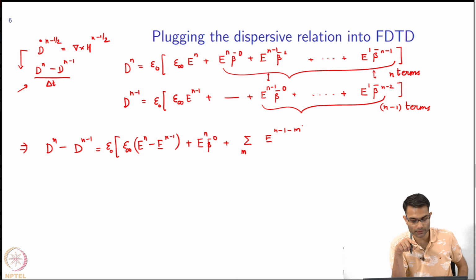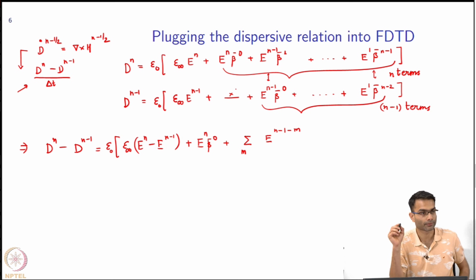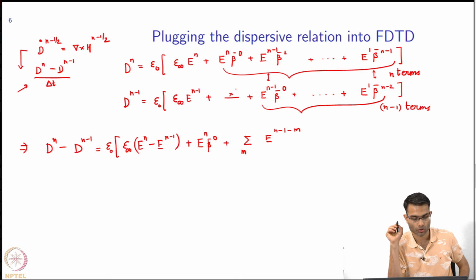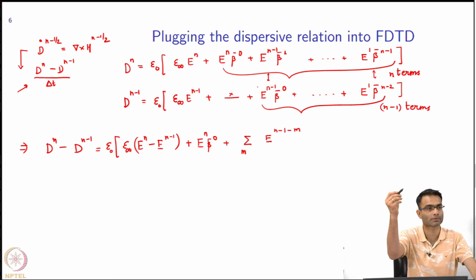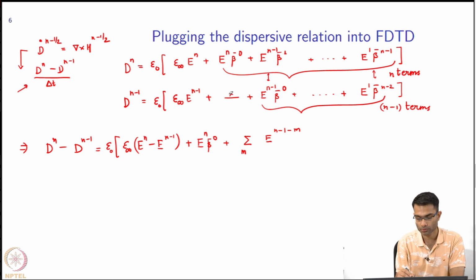The first term is epsilon infinity E n minus 1 plus that 0. They come in the first term itself, there is nothing over here. That is 0. I left a blank here because I wanted to align it with the first equation. That's all. So, there is a blank over here.